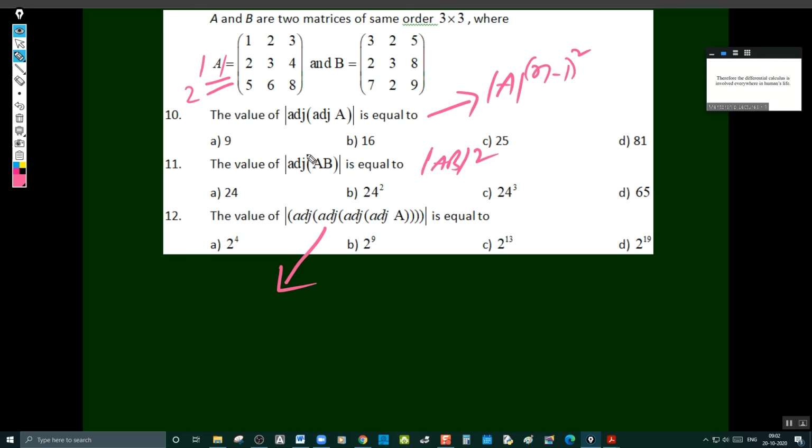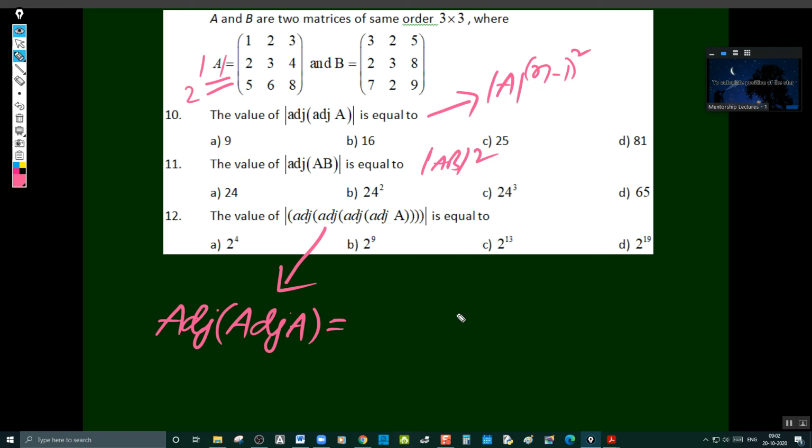So you know determinant of adjoint A, but I'm just worried about this. If that is not there, how many of you can tell me this? A into det A हो जाएगा. Into n minus 1 power determinant.